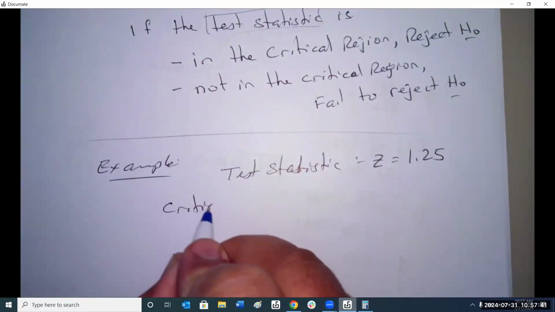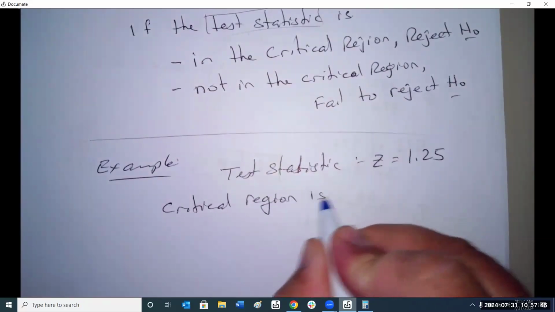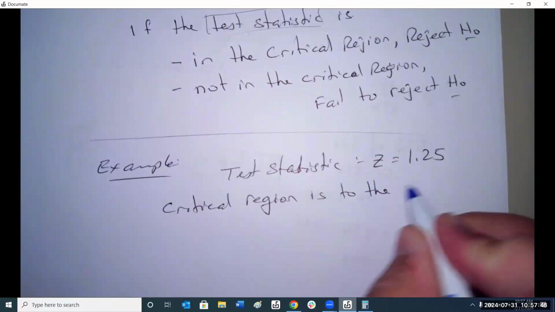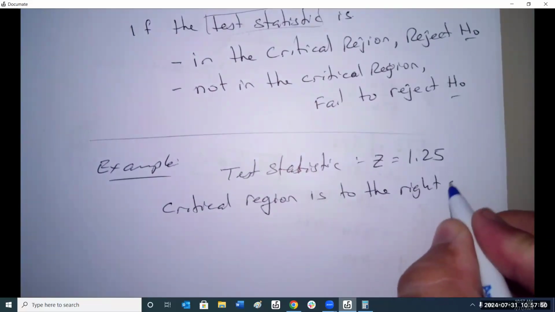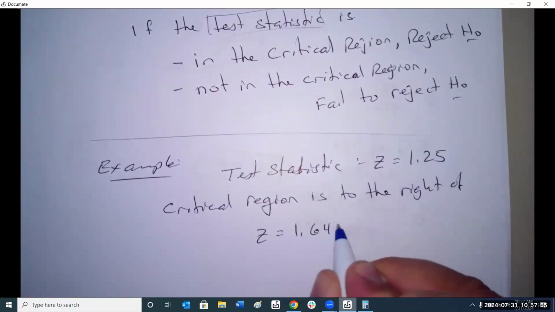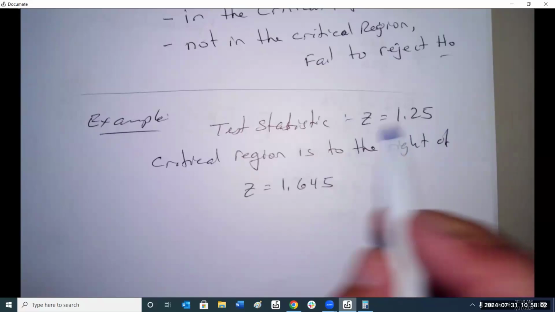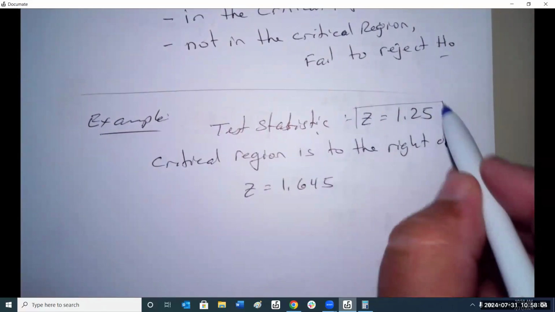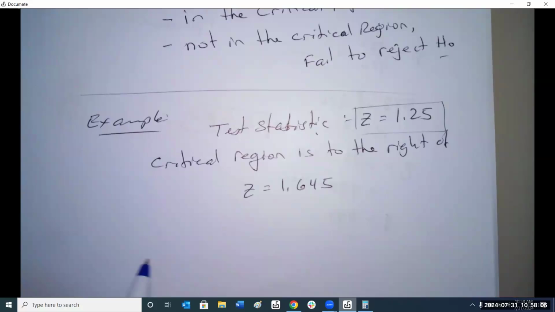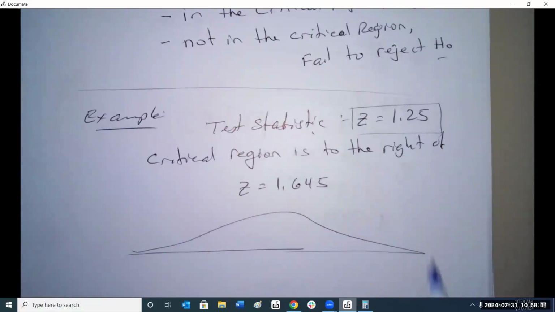The critical region is to the right of Z equals 1.645. What do we do? If our test statistic gave us this, and our critical region is to the right of that, what do we do?